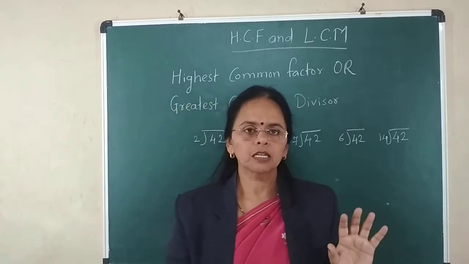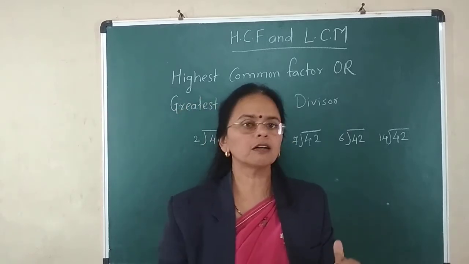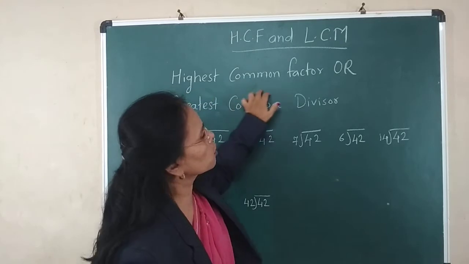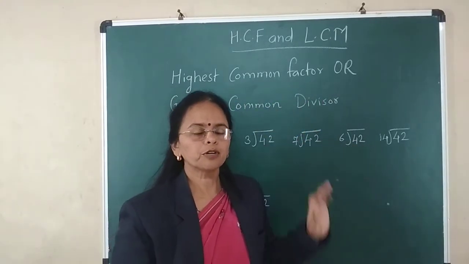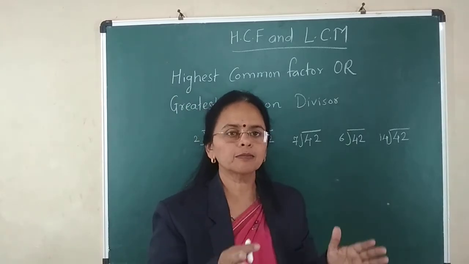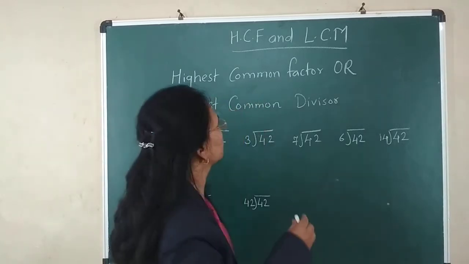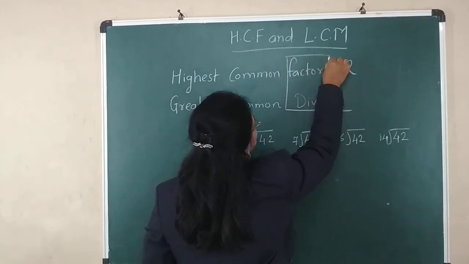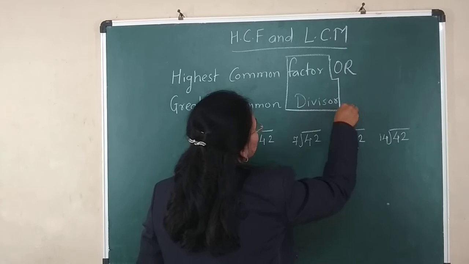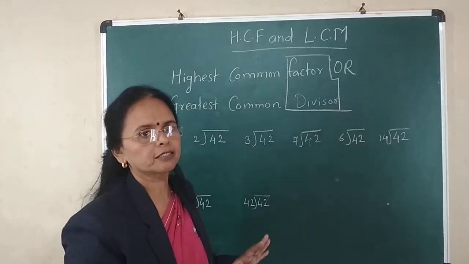So, if we want to learn what is highest common factor or greatest common divisor, first of all we will split the terms and we will see one by one. First we will see what is a factor or divisor.